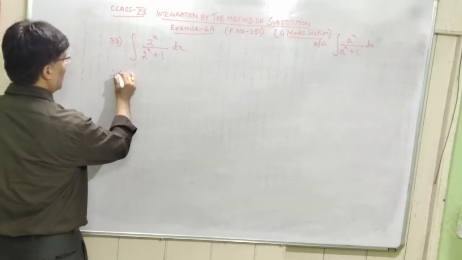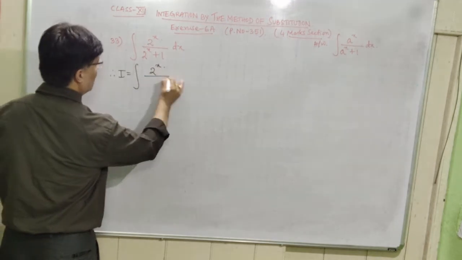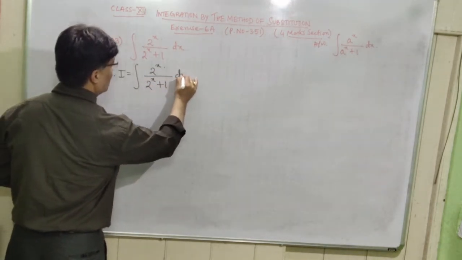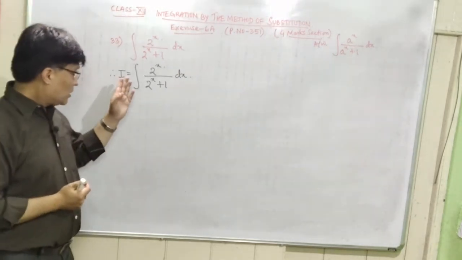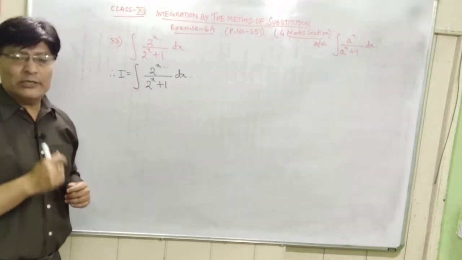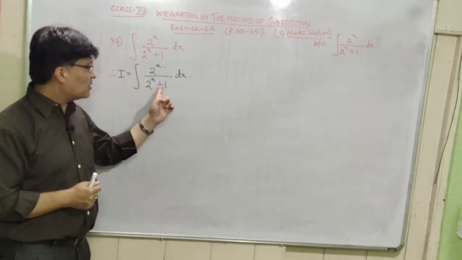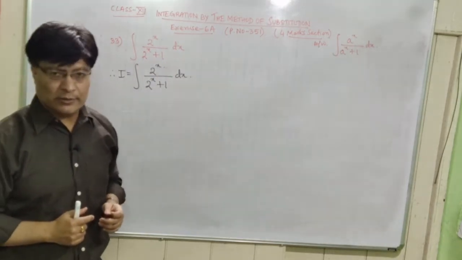So therefore I is equal to integration of 2 to the power x divided by 2 to the power x plus 1 dx. Okay. So how to do this problem? We can use the method of substitution here. So if you differentiate the denominator, let us check, are you getting the numerator or not?